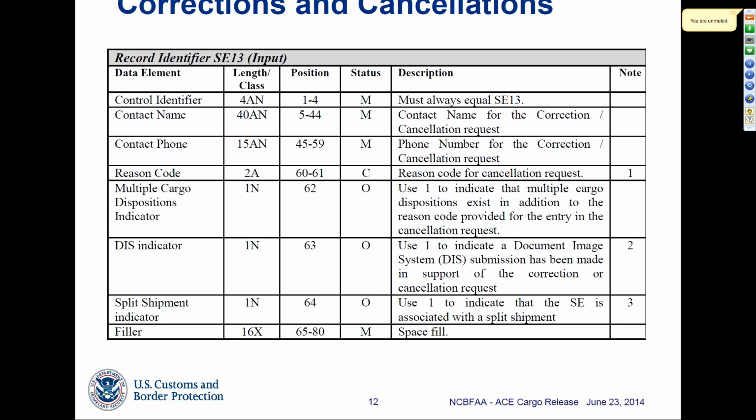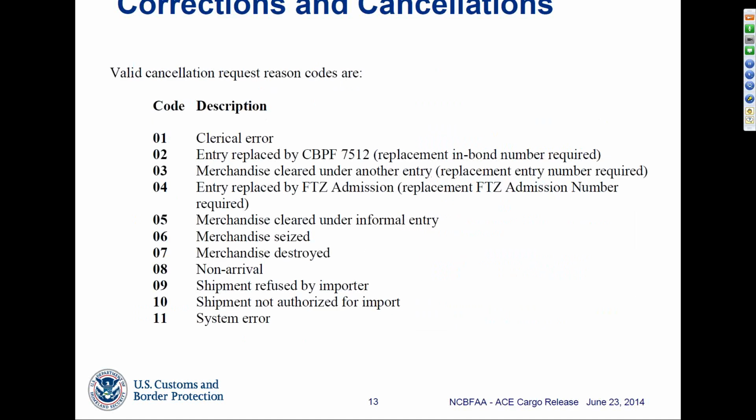So let's take a look at some of the reasons that you might ask for cancellation of your entry. Clerical error happens. Entry replaced by an inbond. If you use this code, there is a reference field that you'll need to complete giving us the replacement inbond number.